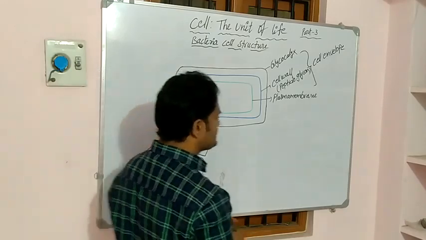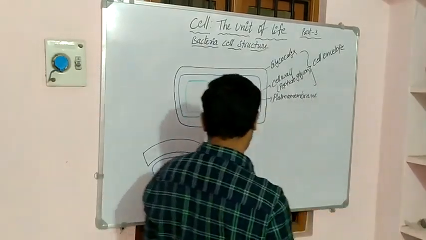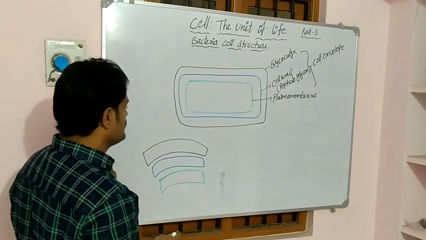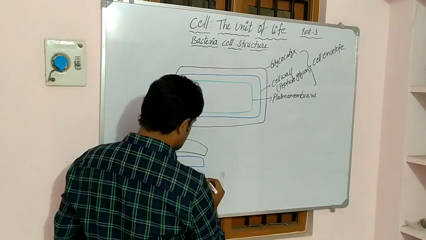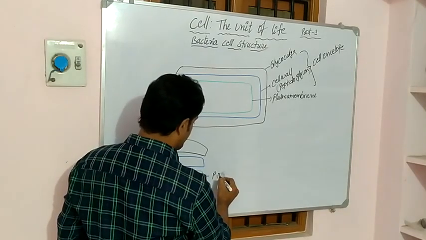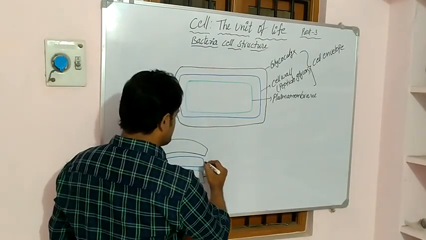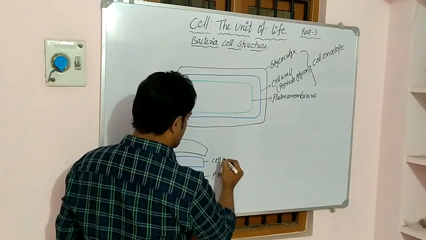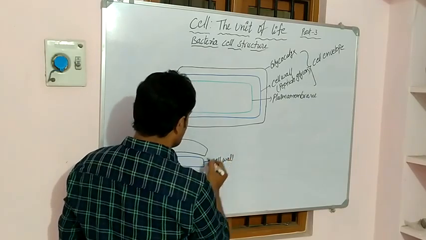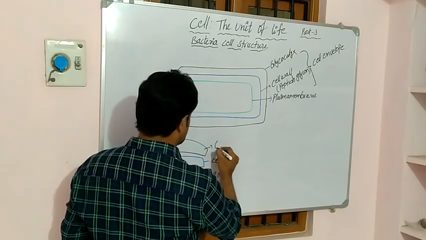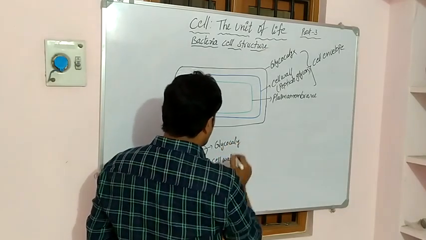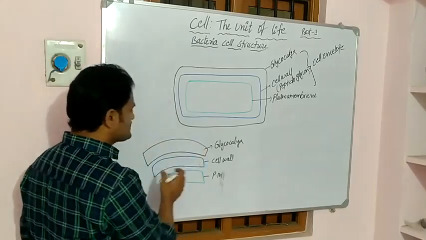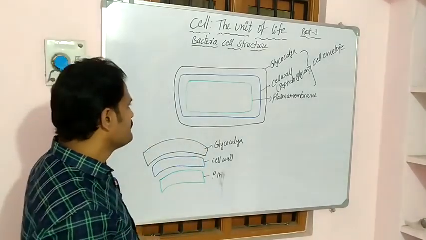So they are arranged one above another. Already we know this is the plasma membrane, this is called the cell wall, and this is called the glycocalyx.